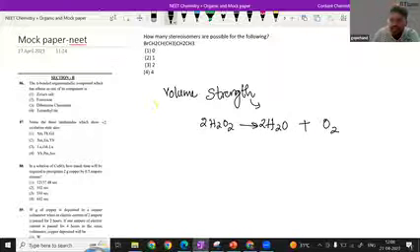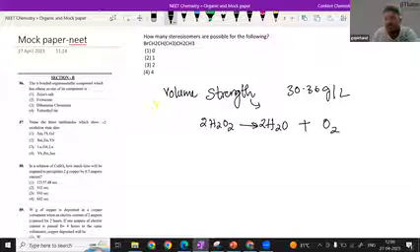If you balance this, the number of oxygens gets balanced. From this equation, we know they are asking the volume strength for 30.36 grams per liter. So if the volume strength is given, find the volume. That is the question.